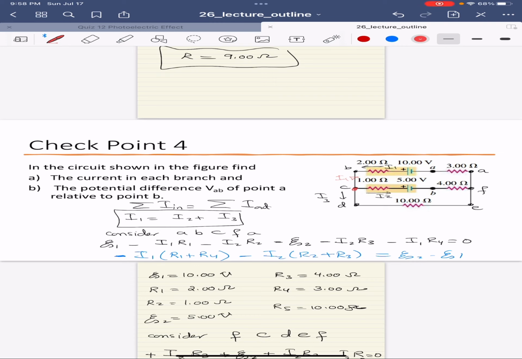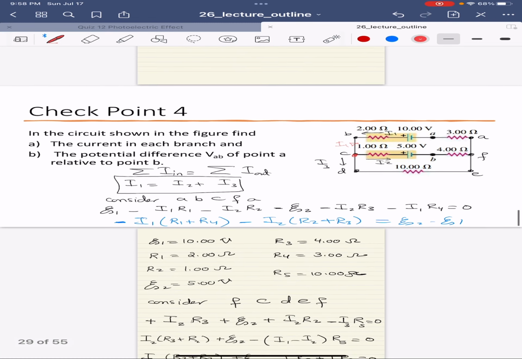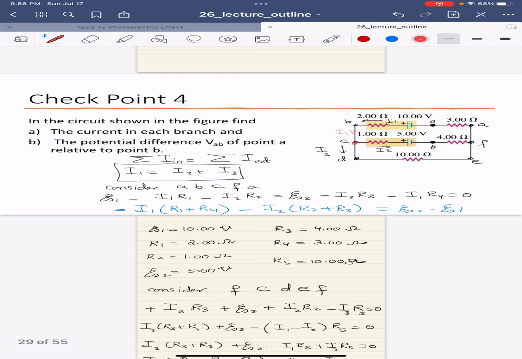Now I can consider the loops. The first one, I'm going from A, B, C, F, A. This is loop 1, and in that I will say E1 minus I1 R1 minus I2 R2 minus E2 minus I2 R3 minus I1 R4.